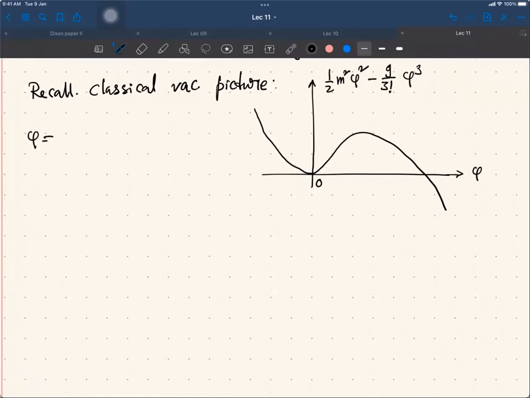This phi is a constant value of field phi x. This constant value was due to Lorentz invariance.